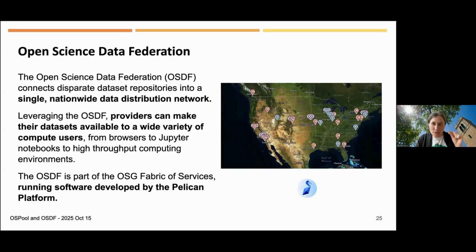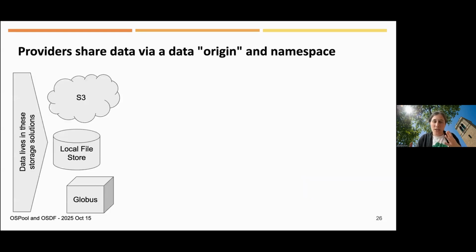I'm going to talk a little more about it in detail because it's kind of general, and hopefully help people understand. So first, we're going to put on our data provider hats and say, I have a data set I want to share via the OSDF, for example. So the data is already stored somewhere. Maybe it's in S3, maybe it's in a local storage service, maybe it's stored somewhere and available through Globus. So as the data provider, you have the data somewhere.